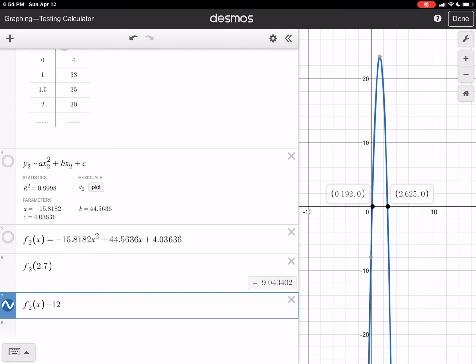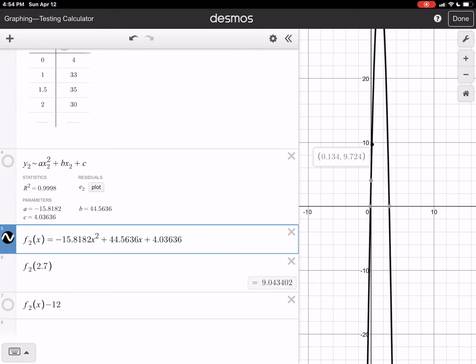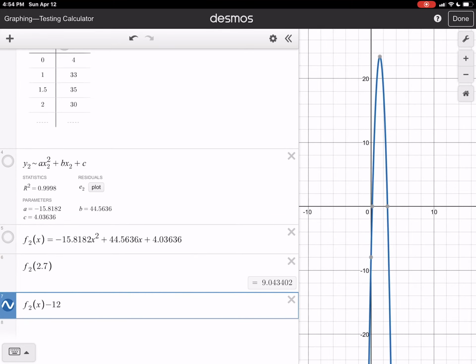Well, let's also compare this over here. I'm looking for when it reaches a height of 12 feet. So I'm going to trace. Oh, look at that. It's also 0.19 and 2.62. Same exact thing I saw as my x-intercepts.